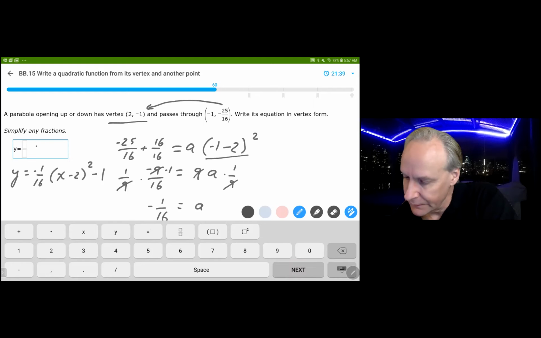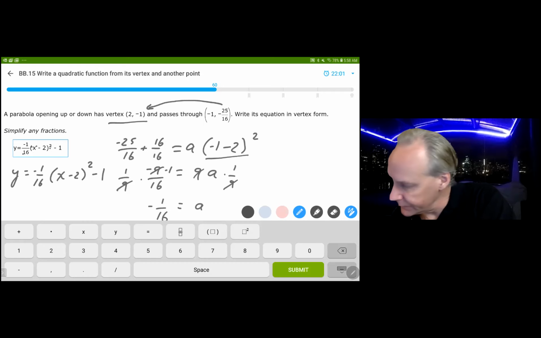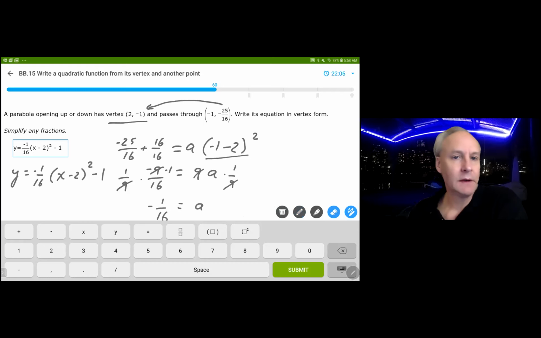Y equals negative 1 over 16, parentheses, x minus 2, squared, minus 1. And let's just make sure it looks pretty. And there it is. Negative 1 over 16, x minus 2 squared minus 1.